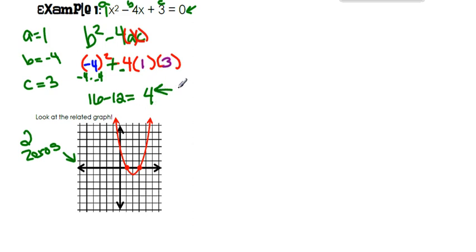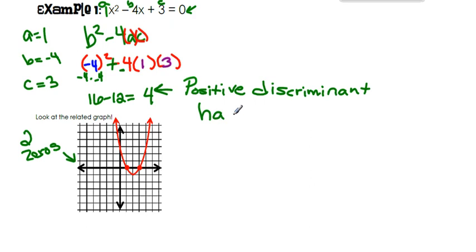This is a positive. So I want you to make a note that a positive discriminant has 2 zeros. So it doesn't matter what your discriminant comes out to, as long as it is positive.